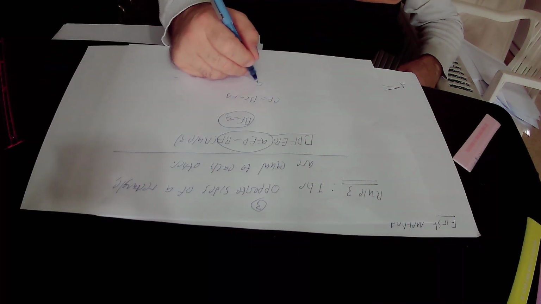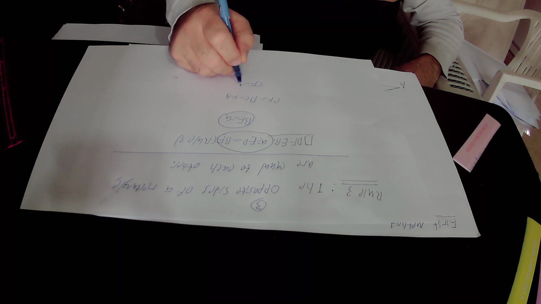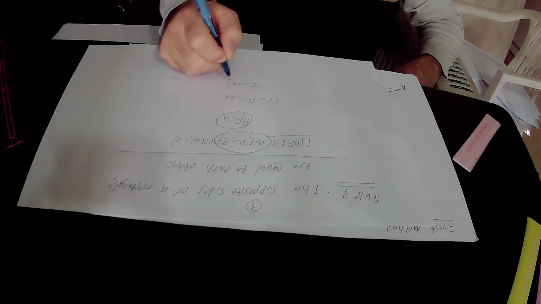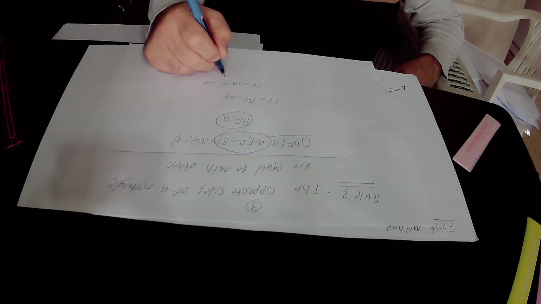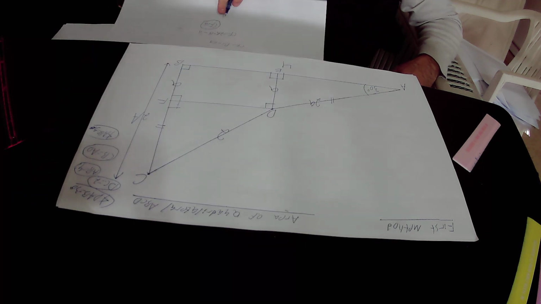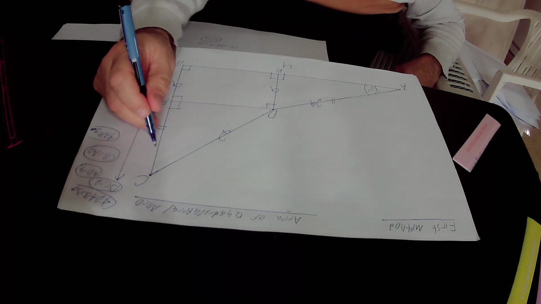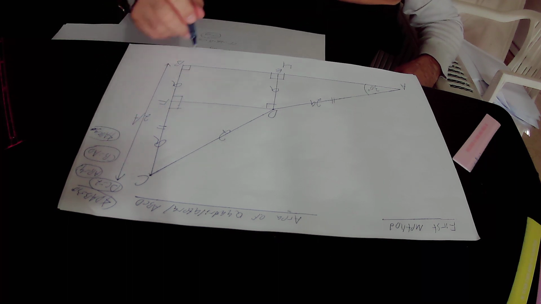So CF equals BC, that is 2A, minus FB, that is A. 2A minus A is A. So we found out that CF equals A.